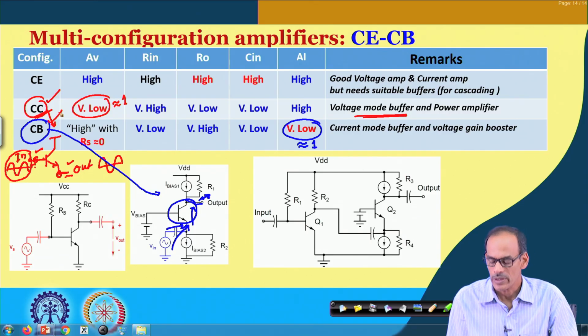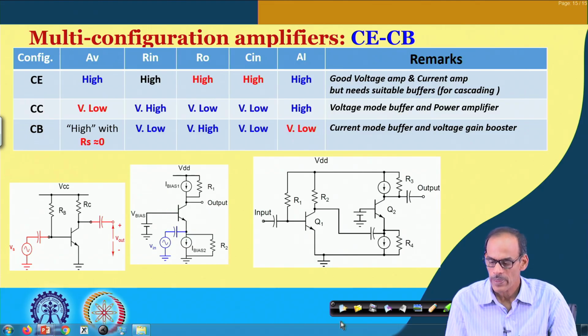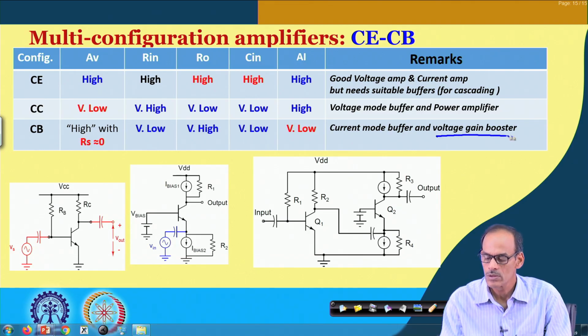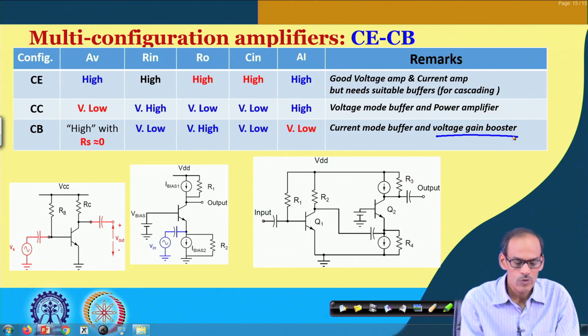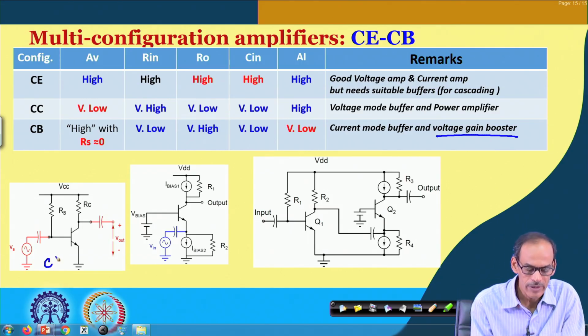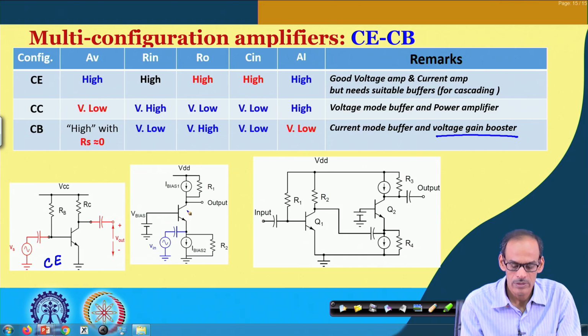Okay. So, now coming back to what we were about to say, the application of the common base to enhance the circuit gain. We will see how this enhances the gain. So, we have the CE stage here, and then we have the CB stage.